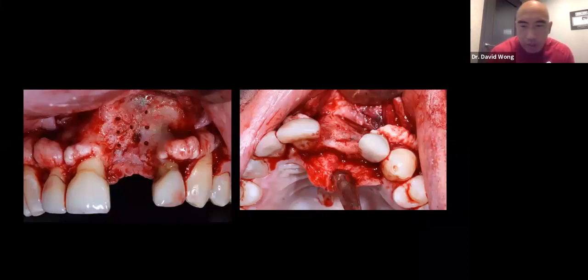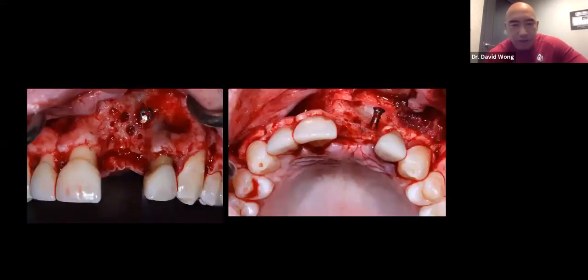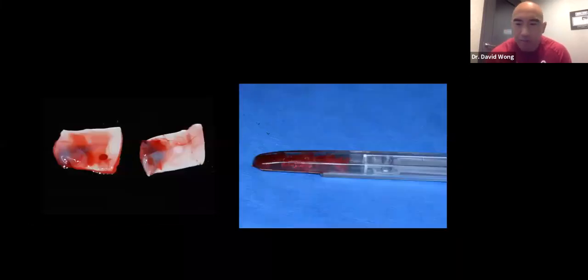Our ridge augmentation procedure, just to kind of share with you my technique, I won't go over it in too much detail right now, but we started off with some cortical perforations. We harvested some PRF, and here's a tenting screw for some stability and space maintenance. We did some bone scrapings with the bone scraper, and then you can see the PRF membranes on the left side.